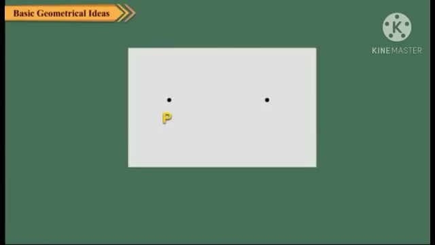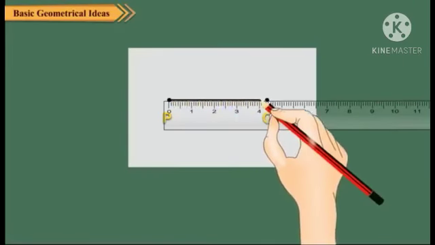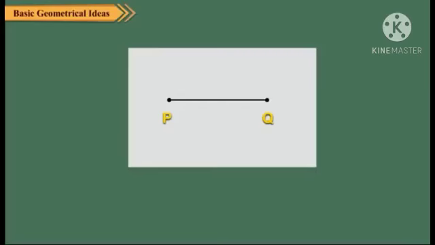Take 2 points P and Q on a paper and then join. This gives the shortest distance between the points P and Q. The joining of P and Q gives a line segment PQ.